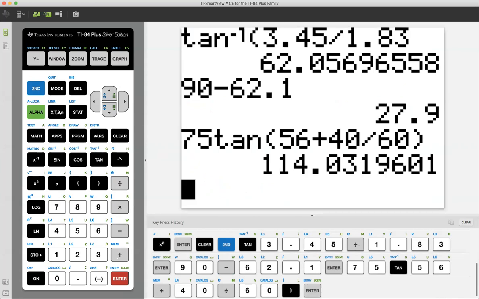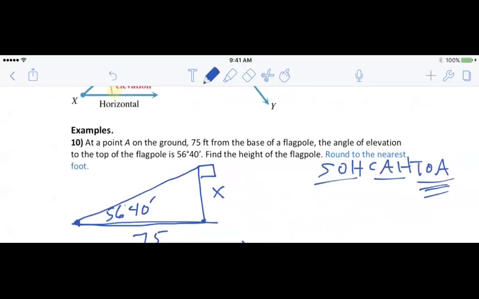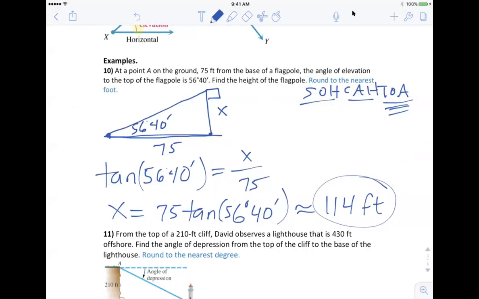Okay, so those are sometimes a little bit better because I don't have to solve the entire triangle. I just need to find one side.